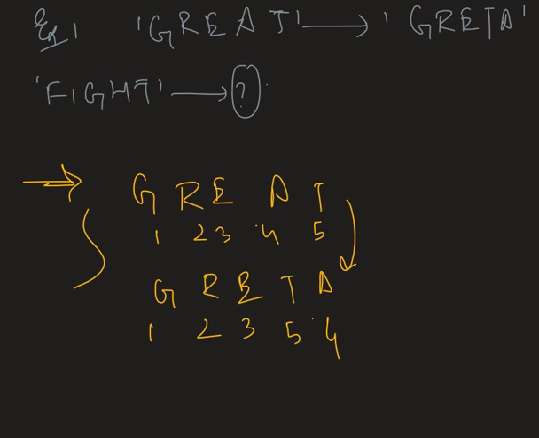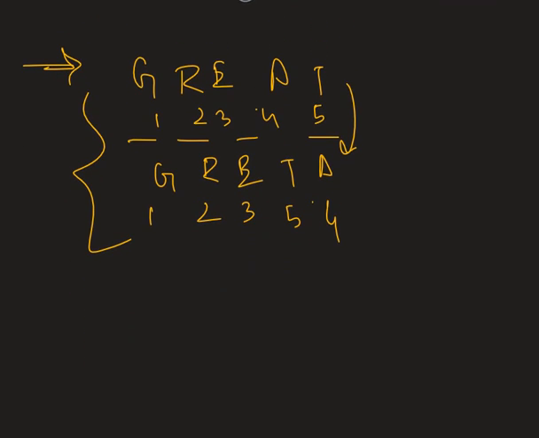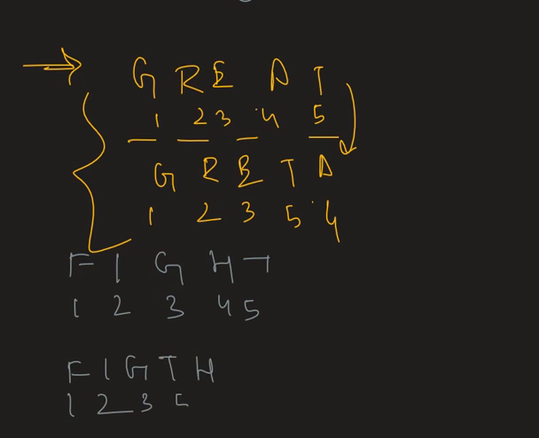So here we can see one pattern: the last two letters are just reversed. Then we can write the word FIGHT, F-I-G-H-T, in this manner: F-I-G-T-H. So this is the answer.